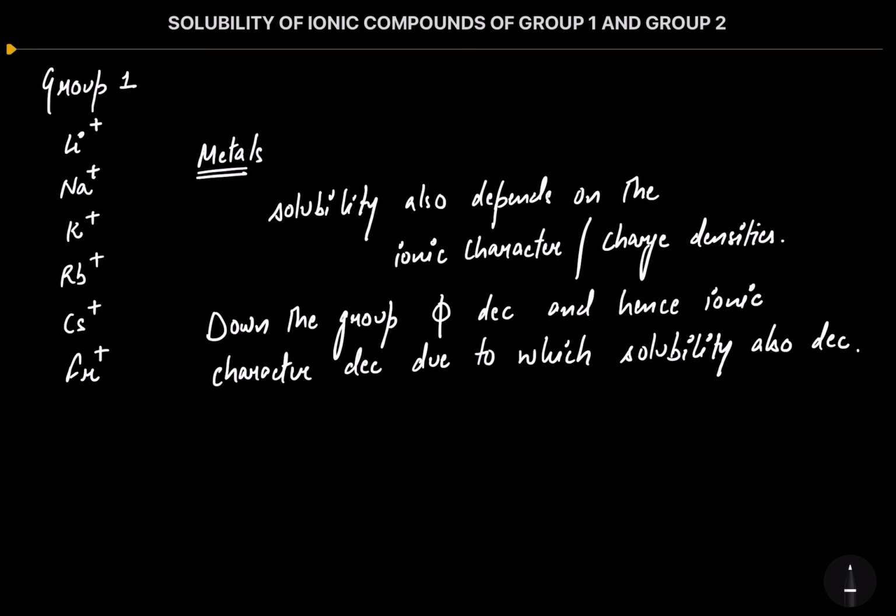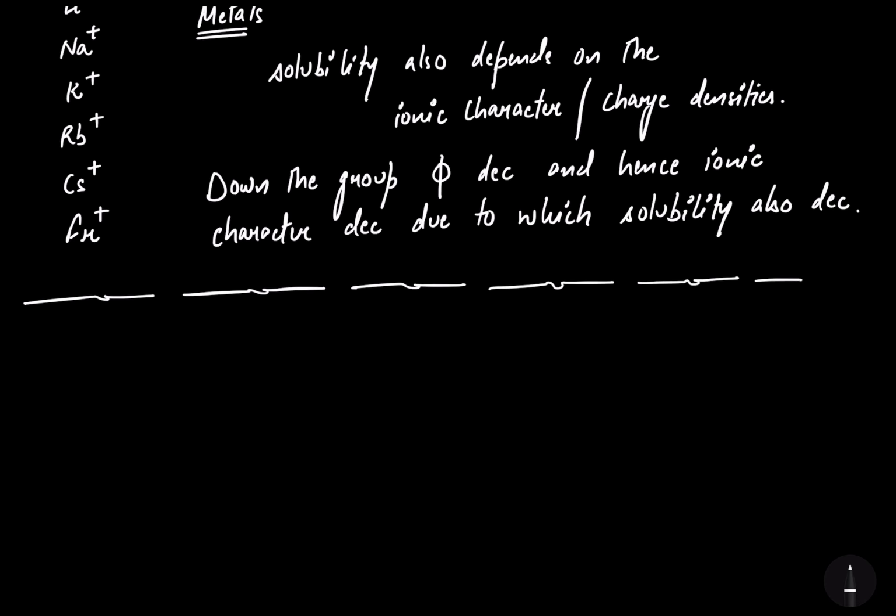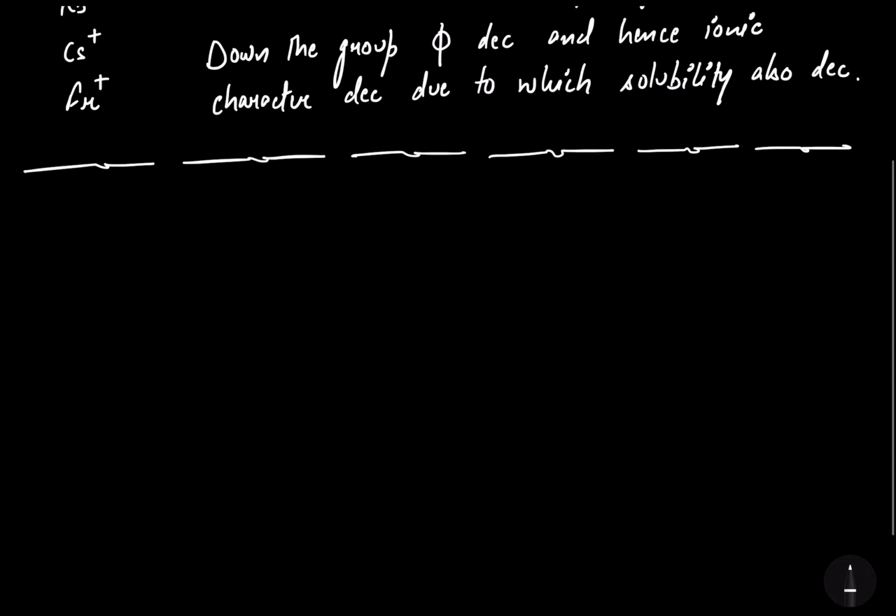But there are some exceptional cases for the group number 2 metals. So let me write group number 2. We have a lot of exceptions, but only in the case of group number 2 metals. I'm writing group 2 elements.